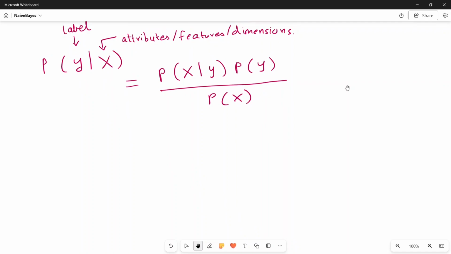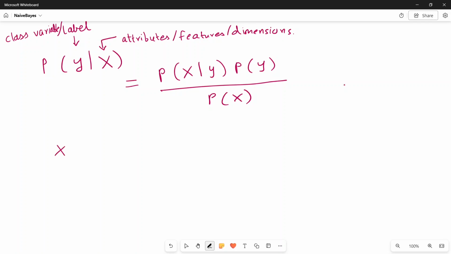The variable Y, which is the label, we also call the class variable. This represents whether it belongs to a positive class or negative class. And X represents the parameters or features.